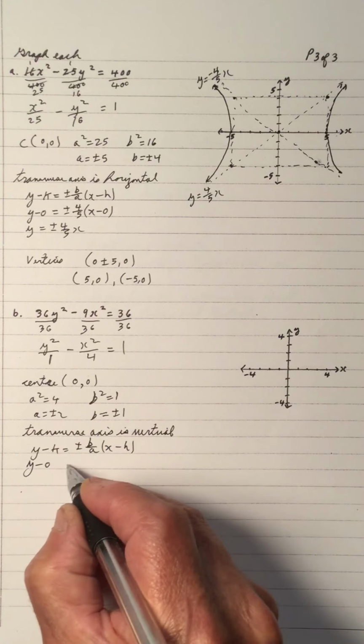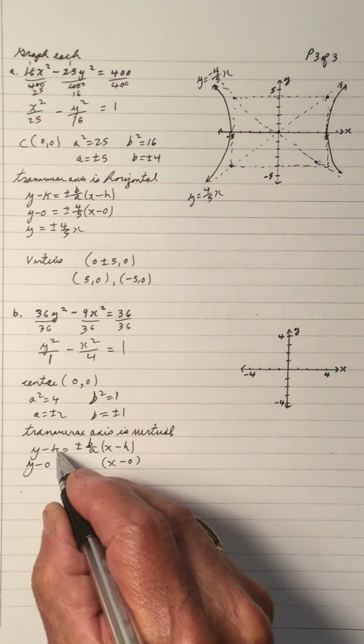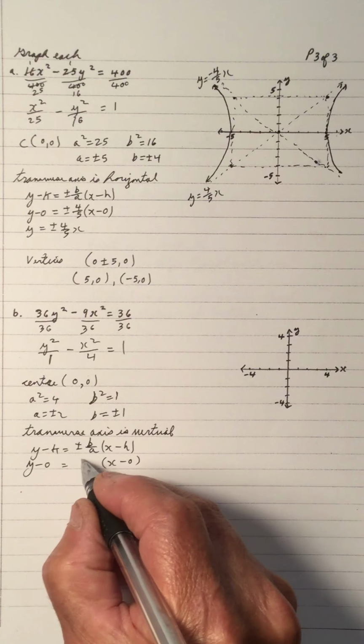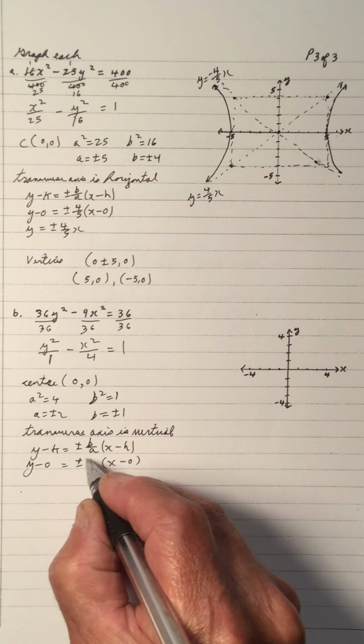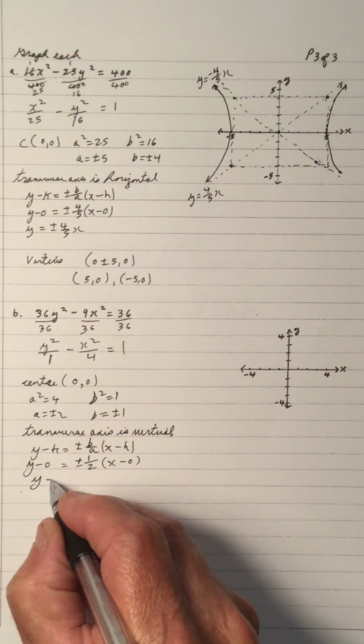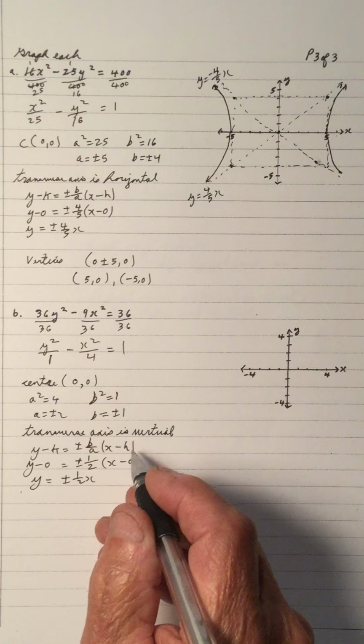The center is (0, 0), so h is 0 and k is 0. And b over a is 1 over 2. So y equals plus or minus 1/2 x.